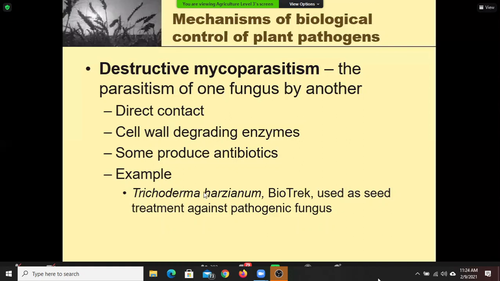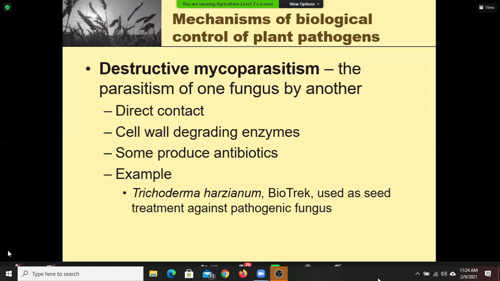When this Trichoderma fungus comes in contact with another fungus, it will capture the harmful fungus. It will secrete some enzymes. As a result, the cell wall of the harmful fungus will be degraded, and after that it absorbs nutrients from the harmful fungus. This is known as mycoparasitism.